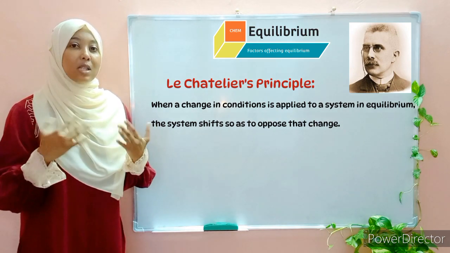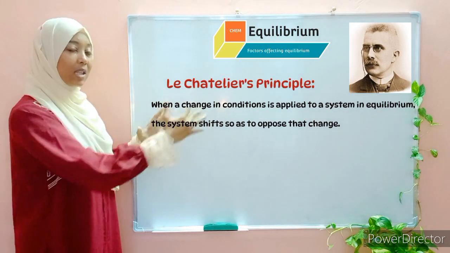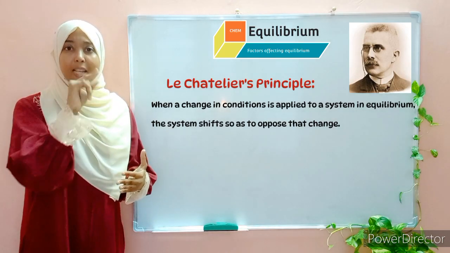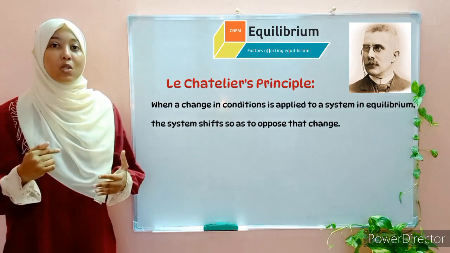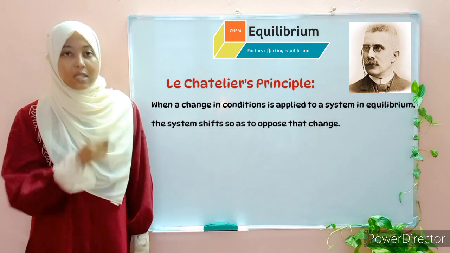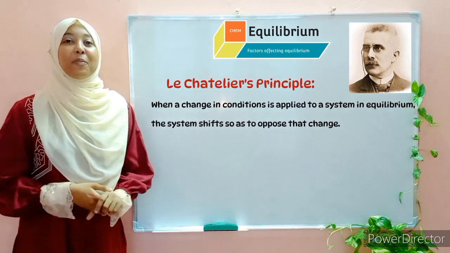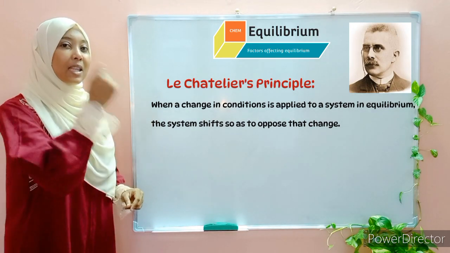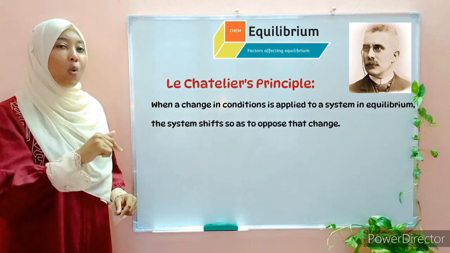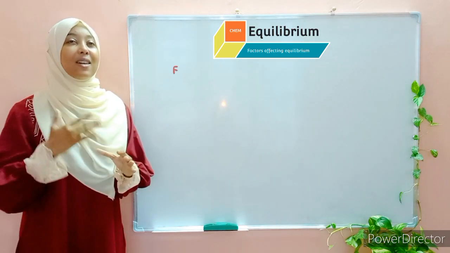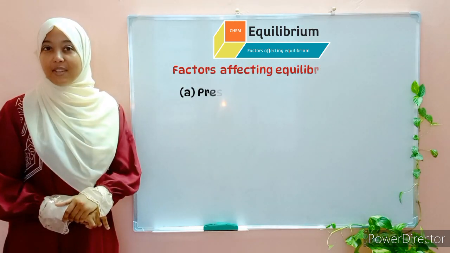When I talk about the system, I simply mean the reactants and the products. So if you were to increase the pressure, the system will act in an opposite way by decreasing the pressure. You increase the temperature, the system will seek to reduce it, and so on. So you change the condition of a system in equilibrium, then the system itself will work to oppose the change. Now let's discuss pressure.